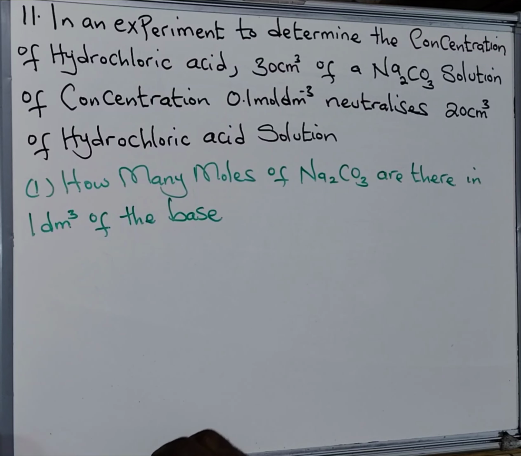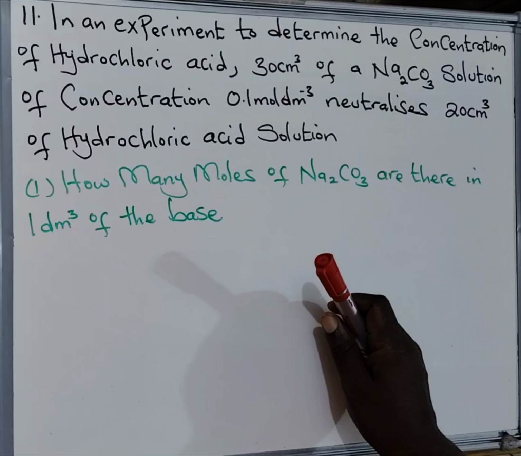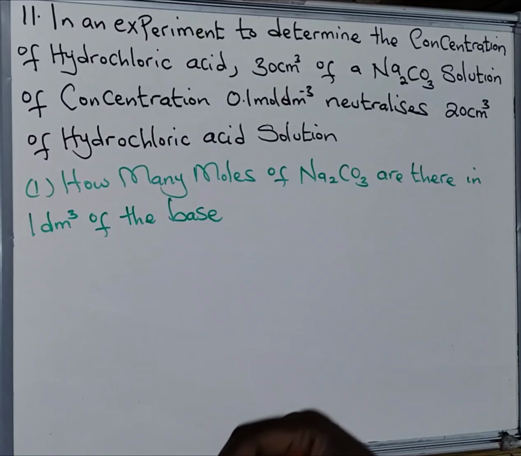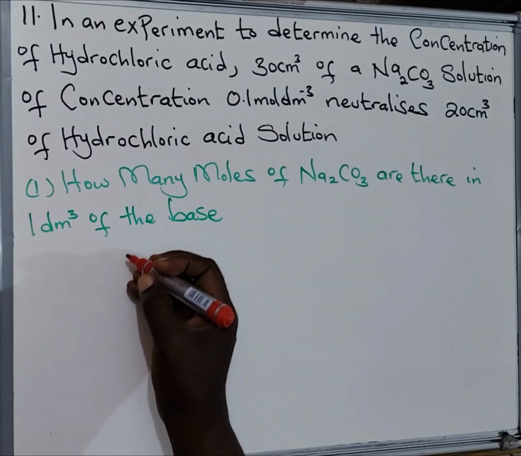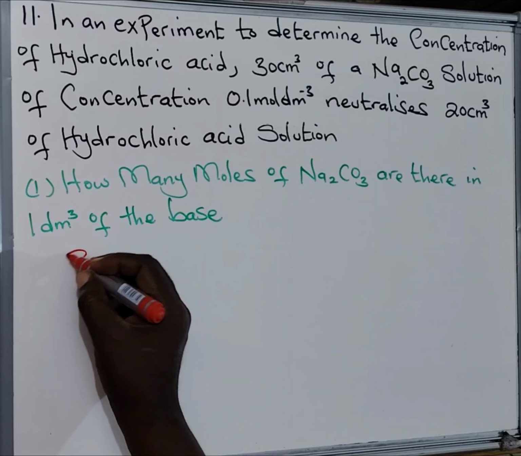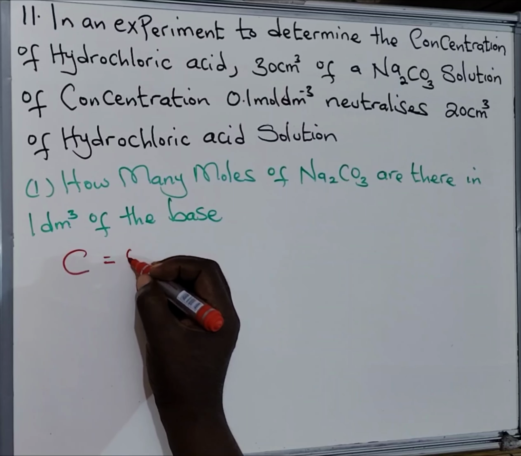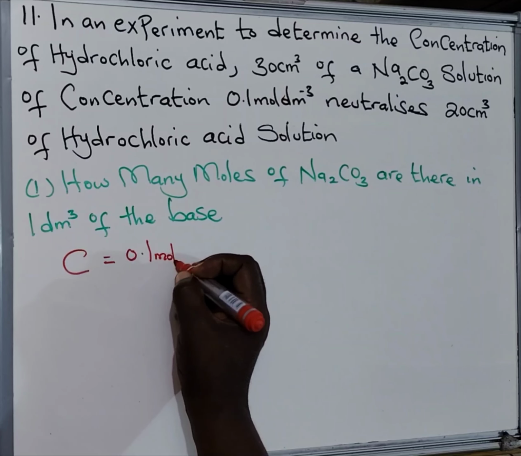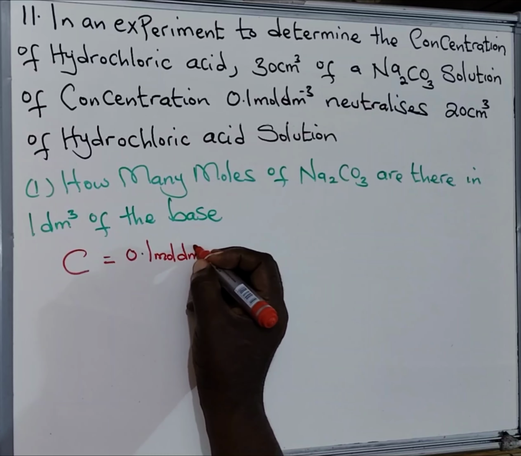If you analyze this question, our base is sodium carbonate, and we are given the concentration. But when you analyze the concentration, this is what you see. The concentration is 0.1 moles per cubic decimeter.